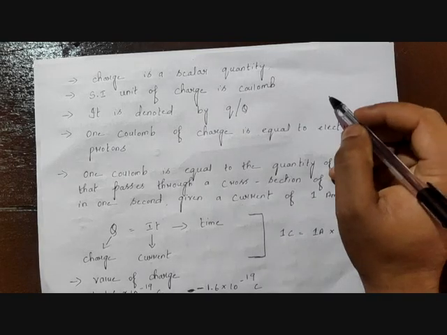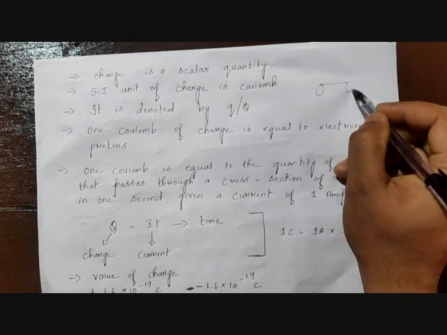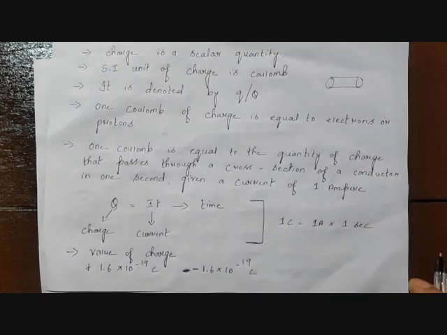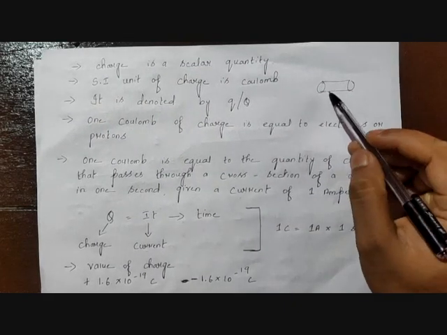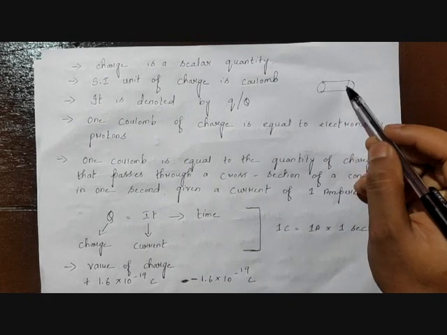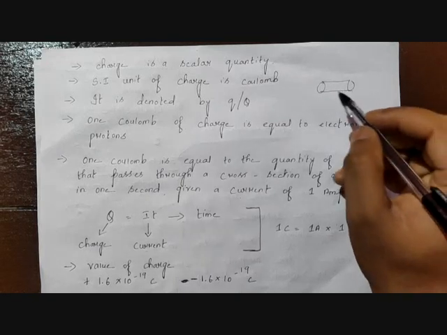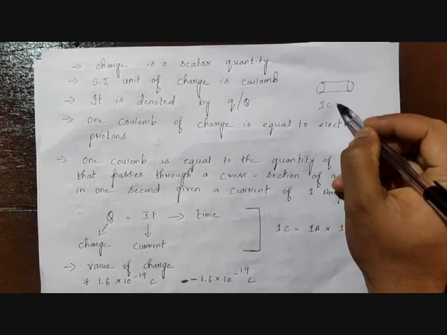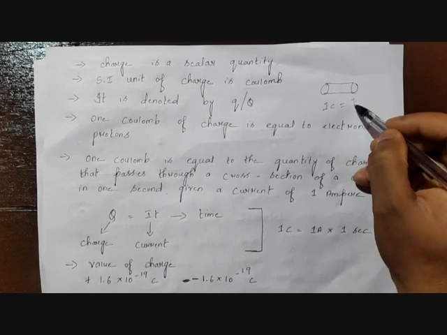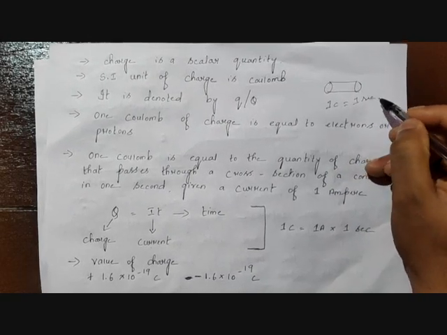Suppose this is a conductor, right? Suppose here 1 coulomb of charge is flowing in 1 second.